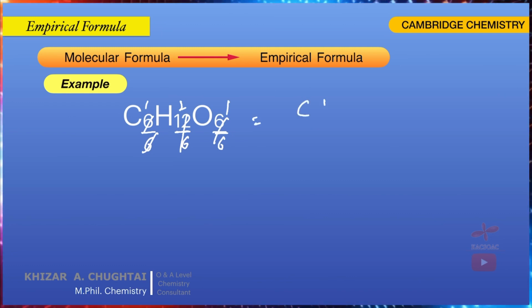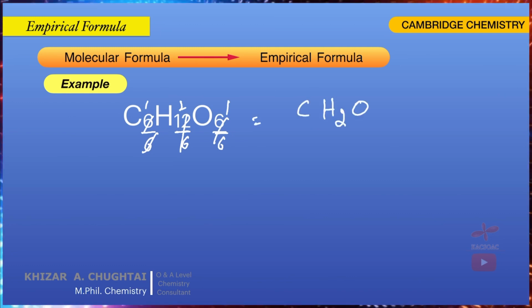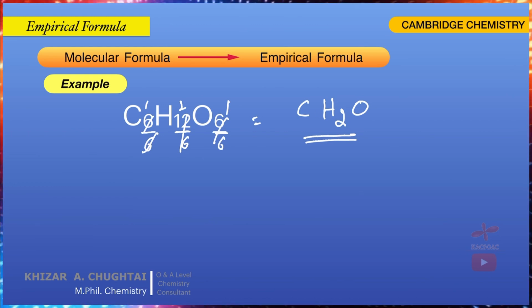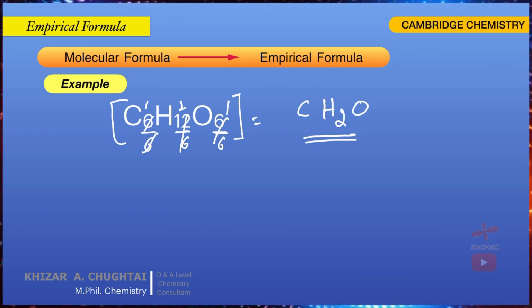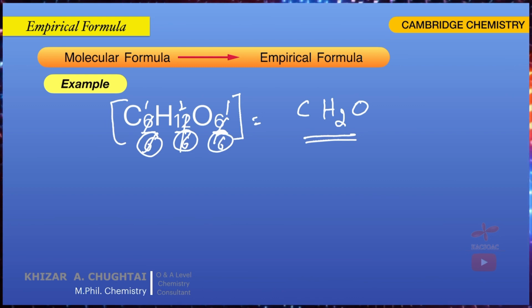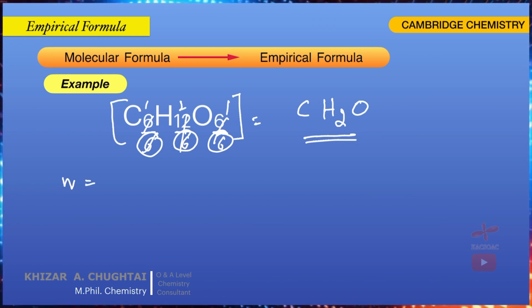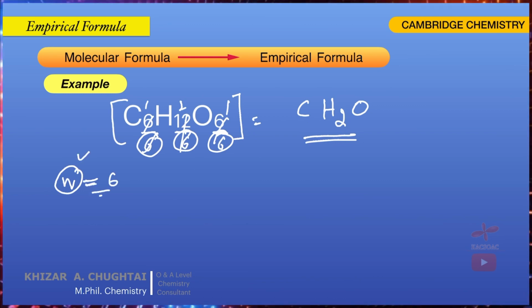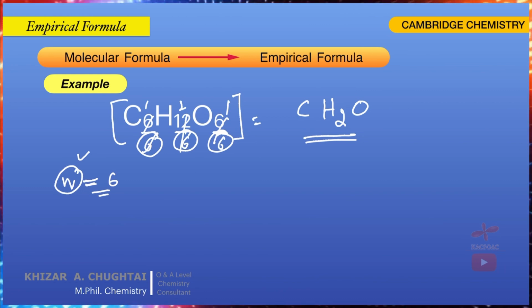So its empirical formula is CH2O, the empirical formula of glucose, as I told you in my previous slide. This 6 is the common mole of all these atoms. It is represented by n. Here n is equal to 6. So this is the simplest way to change a molecular formula into an empirical formula.